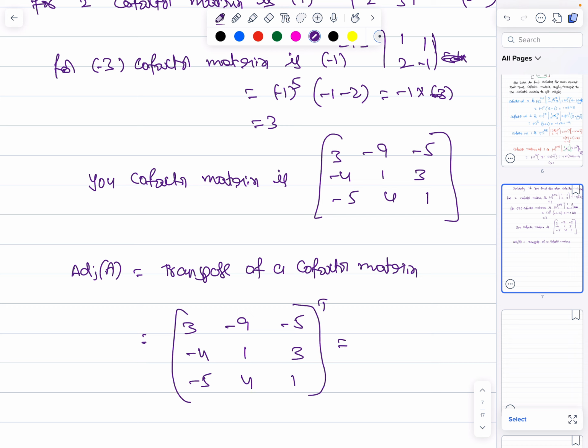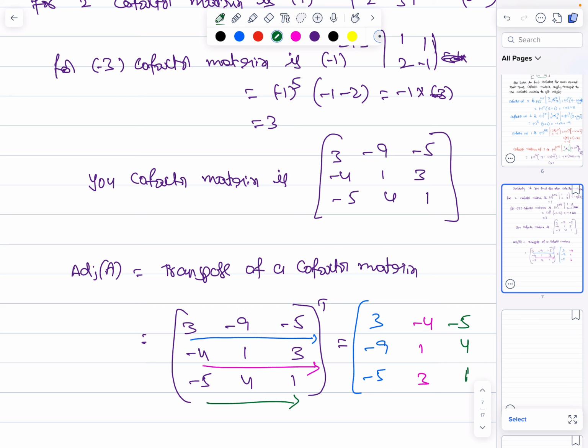You are actually transposing: this is a row, you are writing it in the column 3 minus 9 minus 5, and this is the second row, you are writing it in the column minus 4 1 3, and the third row you are writing in the column, that is minus 5 4 1. This is your adjoint matrix of A.